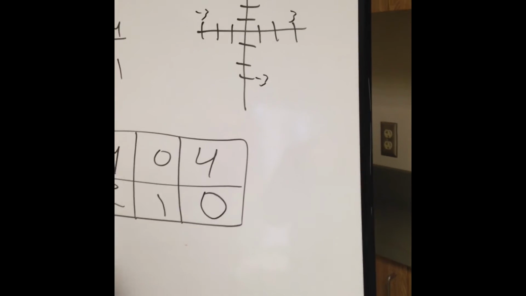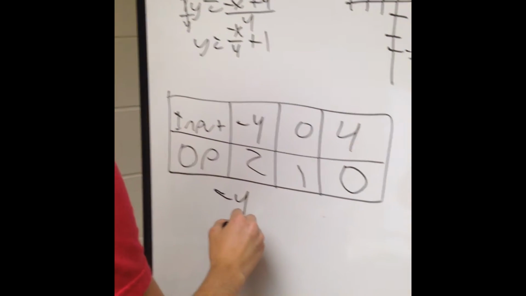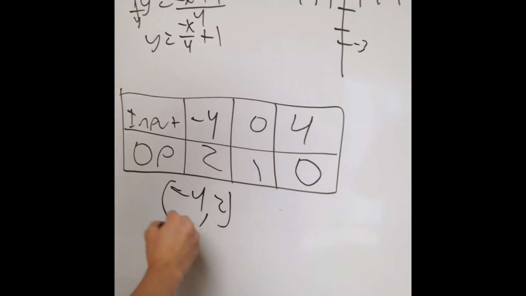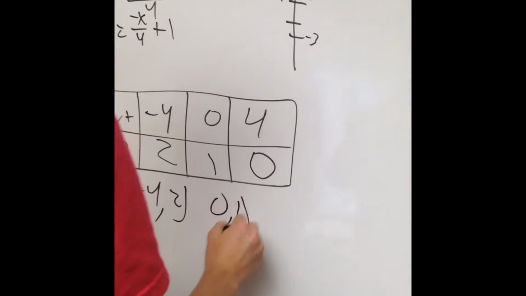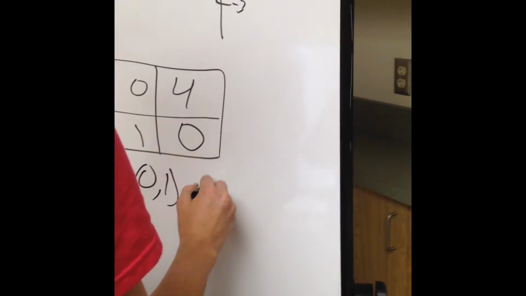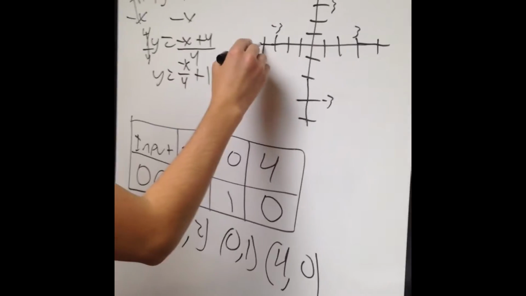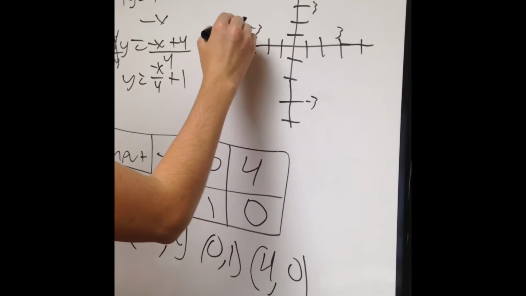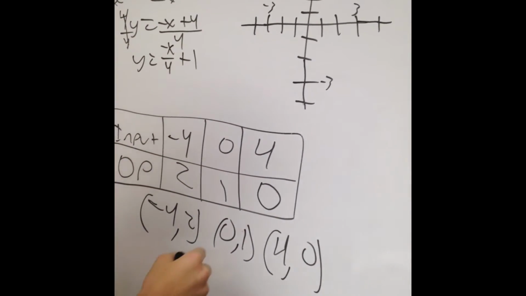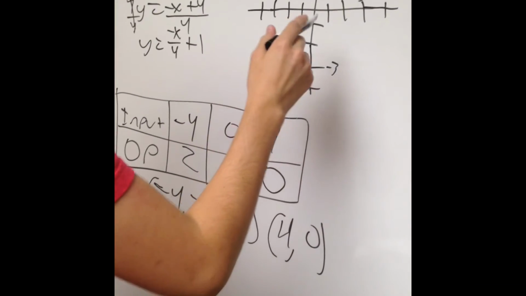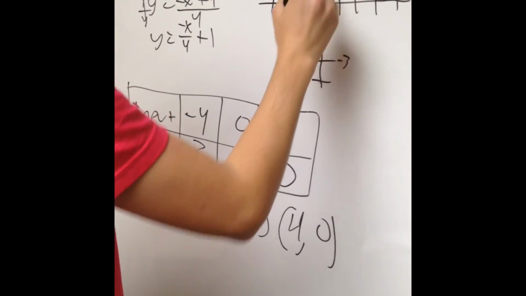So graphing your points, (negative 4, 2), (0, 1), and (4, 0). For the first one, you go back 4, up 2, about right there. And then for the second one, you go over 0 and up 1, so it'll be right there.